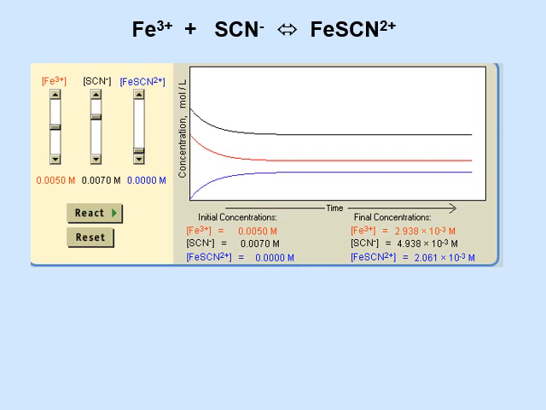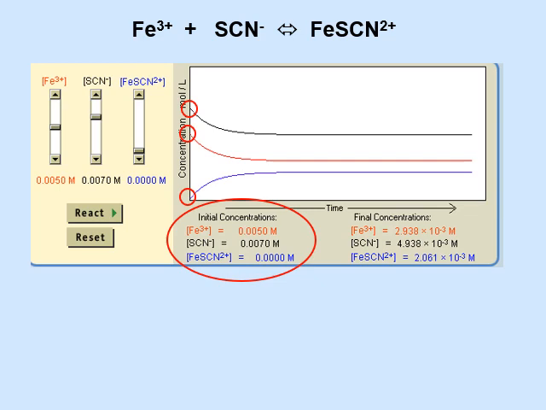In run 1, we started with 0.0050 molar of the Fe3+ ion and 0.007 molar of the thiocyanate ion. The Fe3+ is shown with a red line on the graph, and the thiocyanate ion is shown with a black line. The product, FeSCN2+, is shown with a blue line. As the reaction begins, it is proceeding in the forward direction to convert reactants to products.